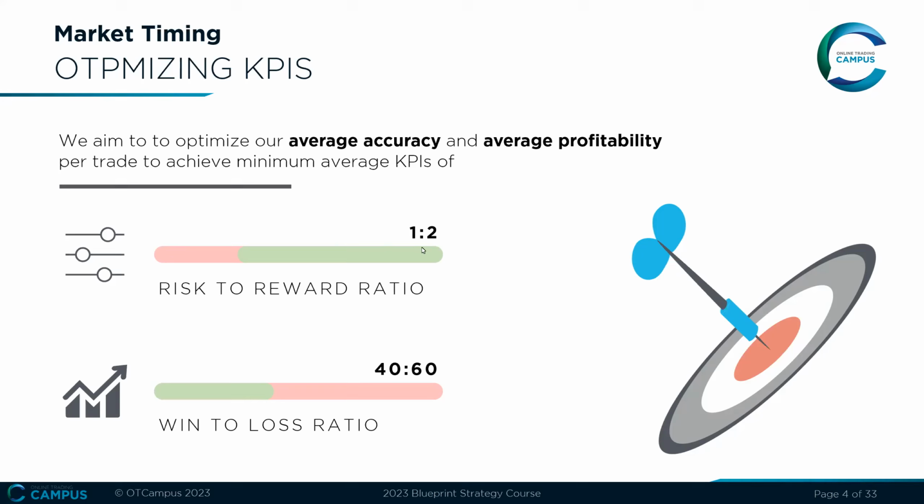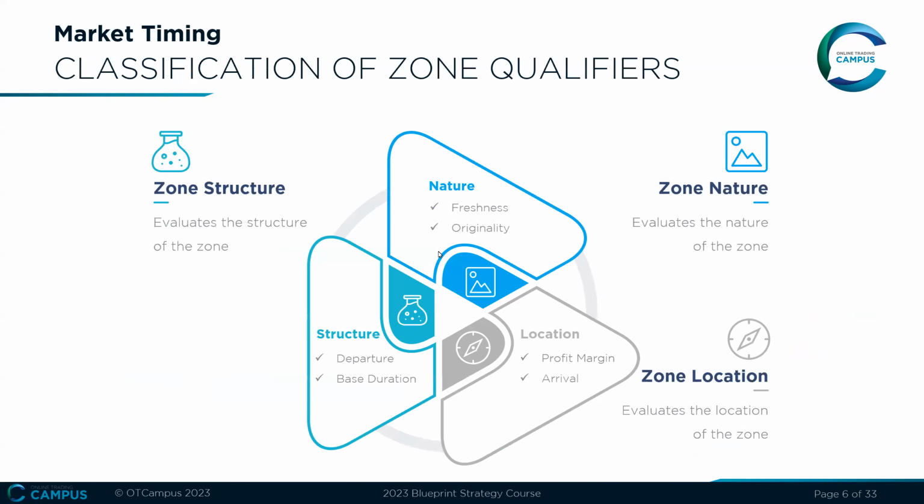If I get this right, I don't just make a 1:1, I may have a 1:2 or a 1:3 or even more on the table. That will then allow me to be wrong more often than I'm right, because whenever I'm right, I make a lot of dough.